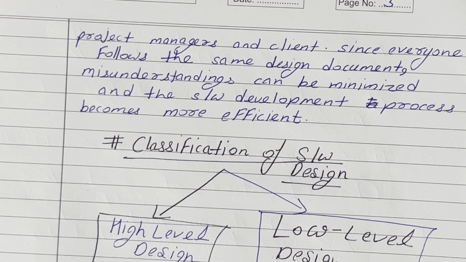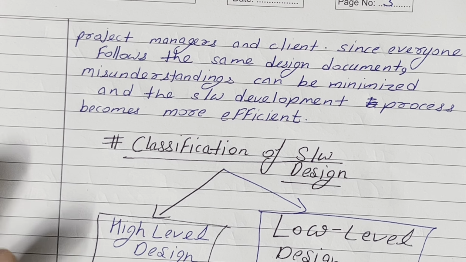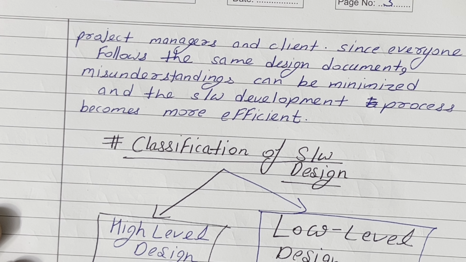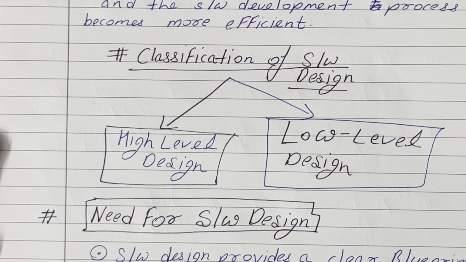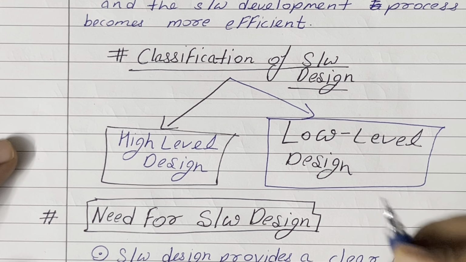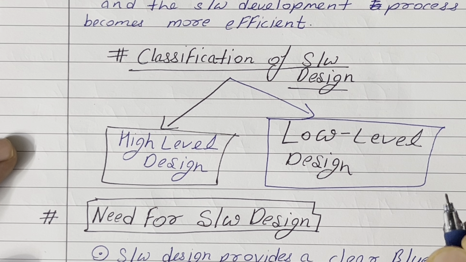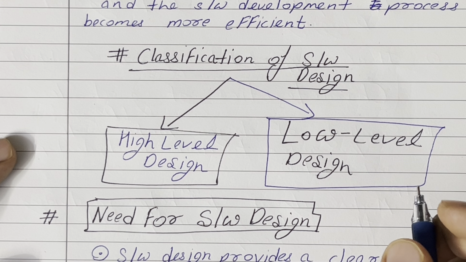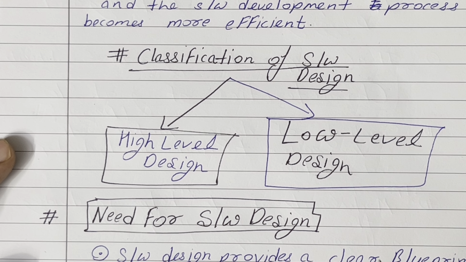So now let's talk about the classification of software design. So as you know guys, software design is a broad process which involves planning every aspect of a software system before its actual implementation begins.